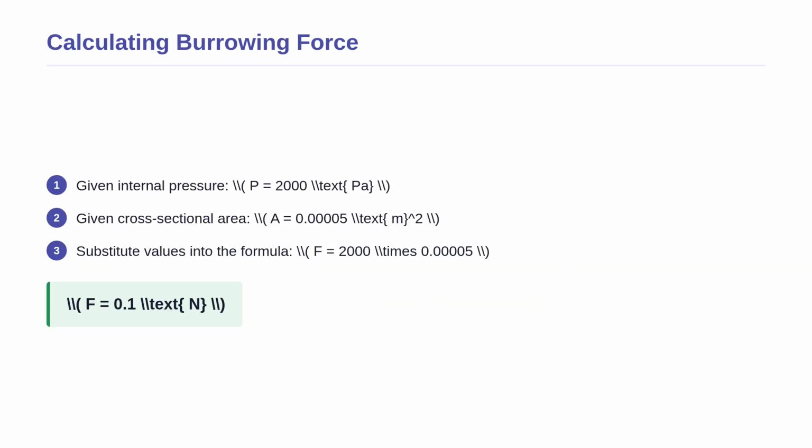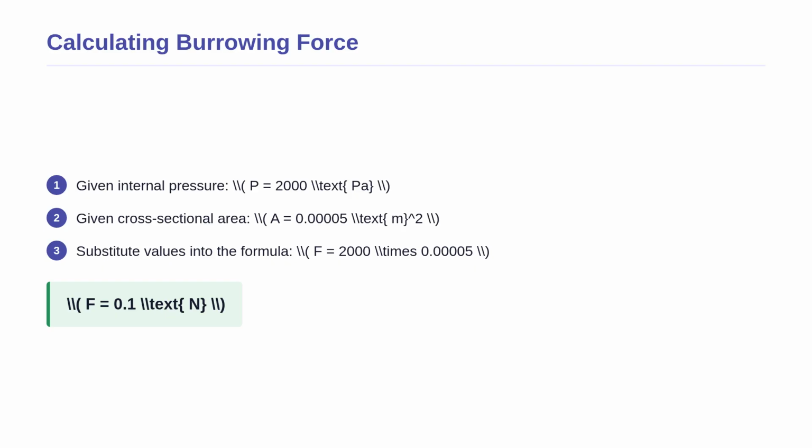Now that we have our formula, let us apply it to a real-world scenario. Imagine a large earthworm trying to burrow through compacted garden soil. We are given that the circular muscles create an internal fluid pressure of 2,000 pascals. The cross-sectional area of this segment is 0.00005 square meters. We need to find the total outward force.